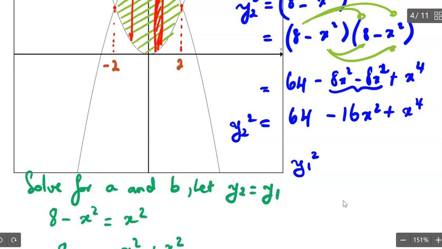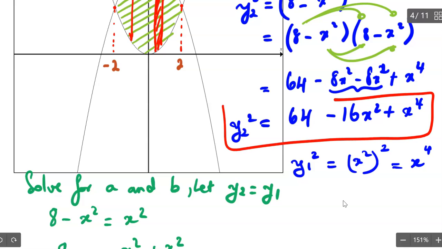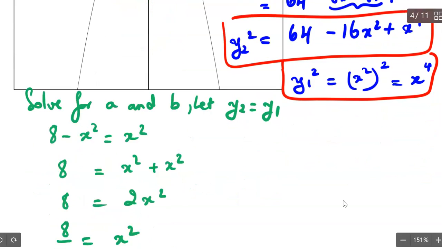So y1 squared is equal to x squared, all of it to the exponent 2, so I have x to the exponent 4. Okay, so let's put this into a box, and we are going to subtract these two equations. Okay, and we are going to substitute it into the equation to solve for the volume as well.